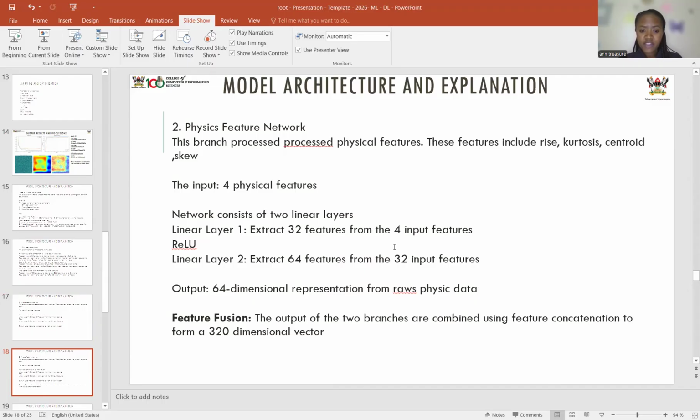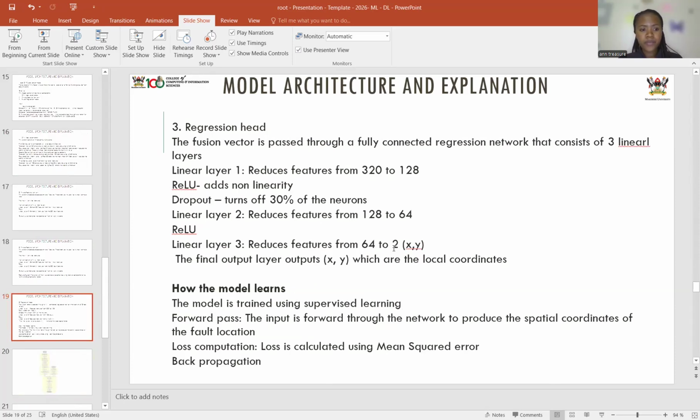So we had the feature fusion, whereby the outputs of the 2 branches are combined using feature concatenation to form a 320 dimensional vector. The third branch was the regression head. The fusion vector is passed through a fully connected regression network that consists of 3 linear layers.